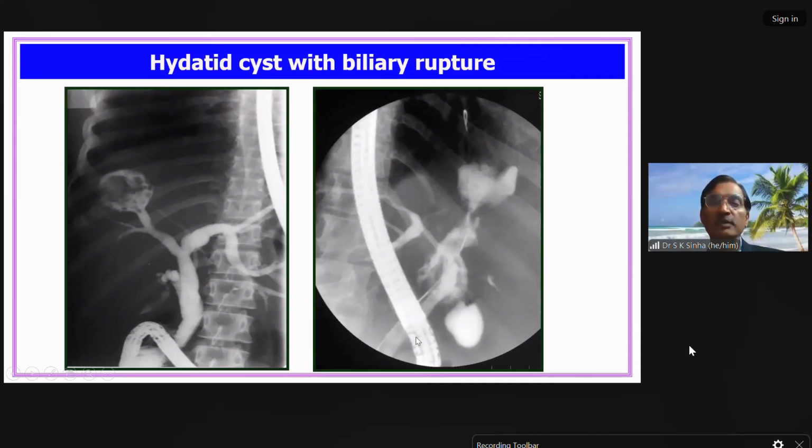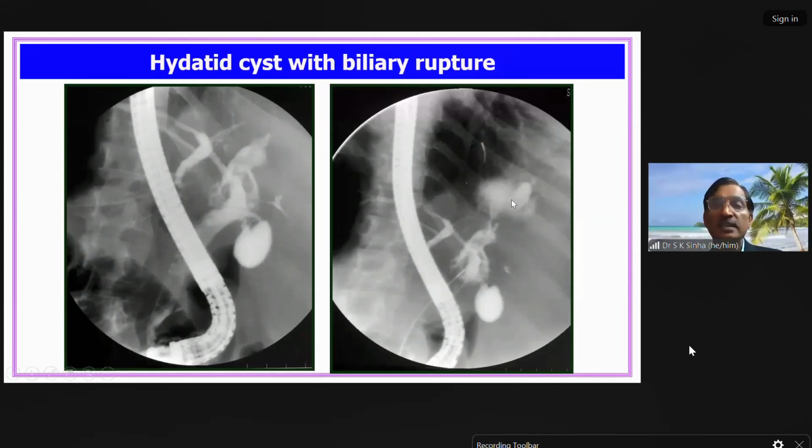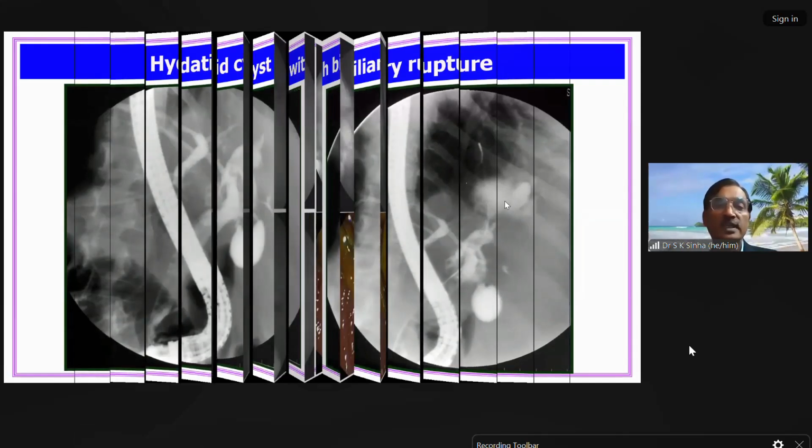This is another patient, and again a very irregular cavity is filled out here, and lots of irregular filling defects are seen in the duct. Again, same patient, the cavity is seen here.